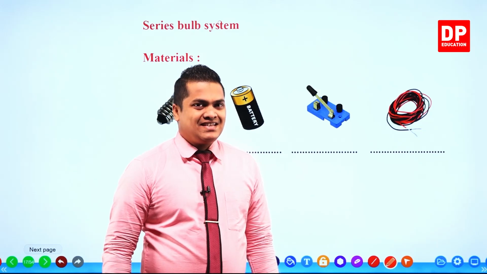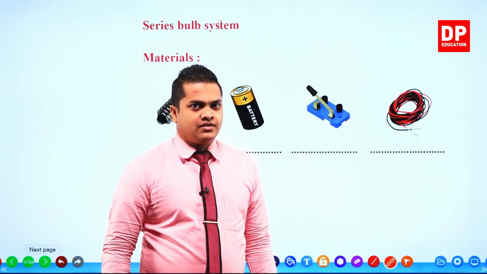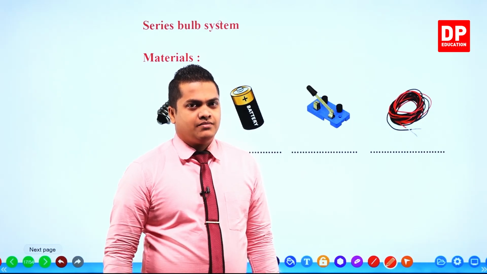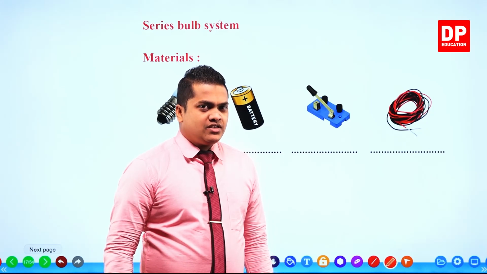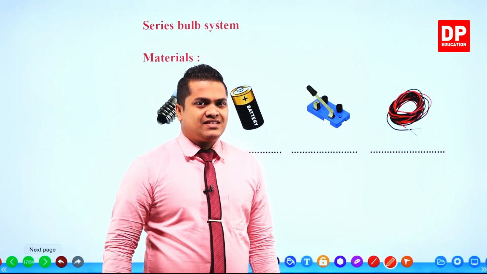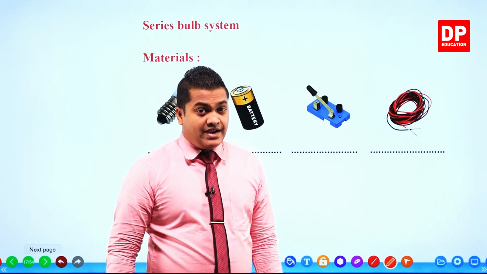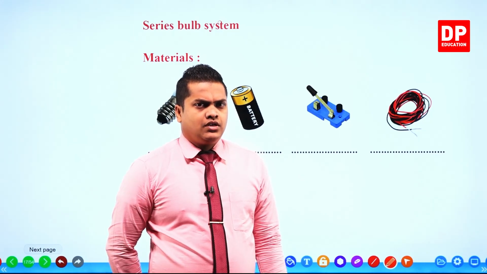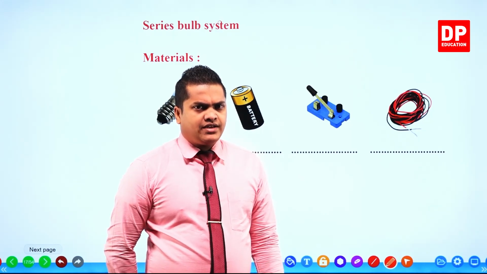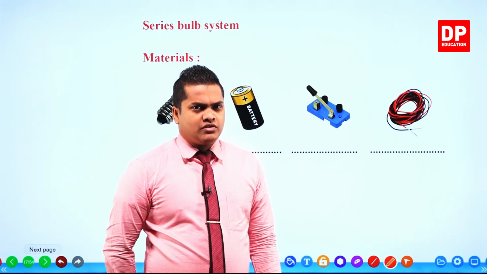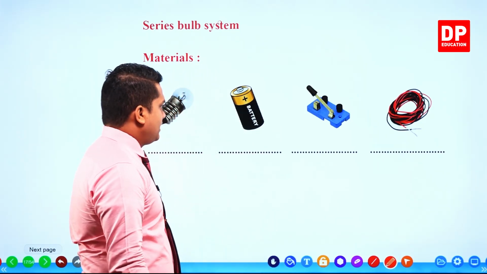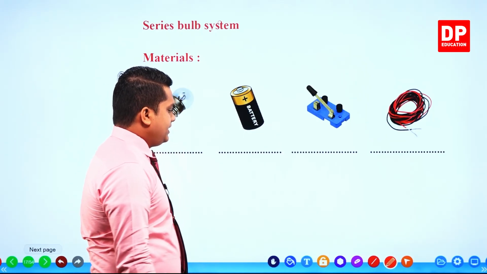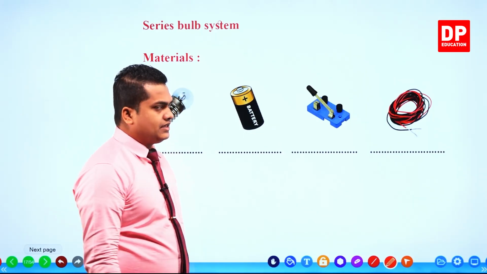Mainly what we are going to do here is connect several bulbs in a series connection and identify what will happen to the brightness of those bulbs. Let's see what materials we need for this activity.